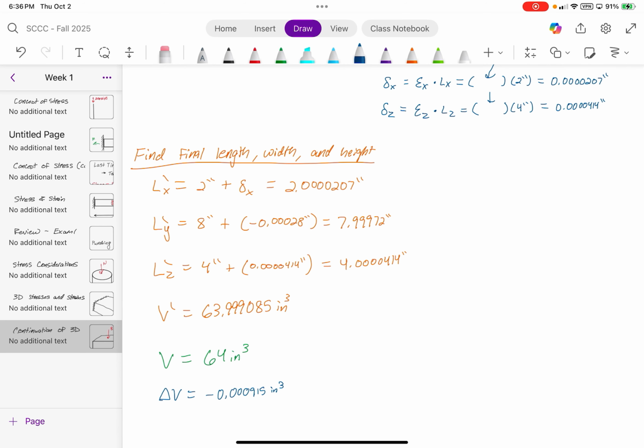We lost volume from the compression. It's a very small volume, but if I had chosen larger parameters, the volume difference would be much more noticeable.